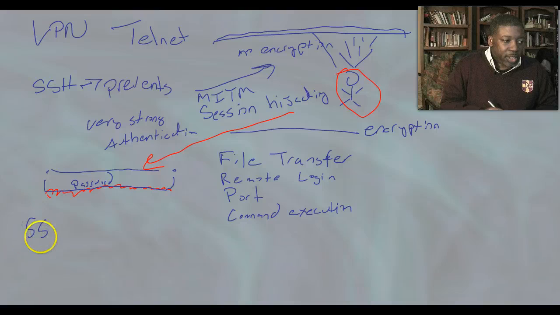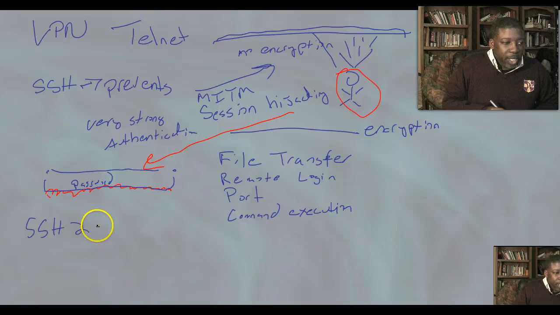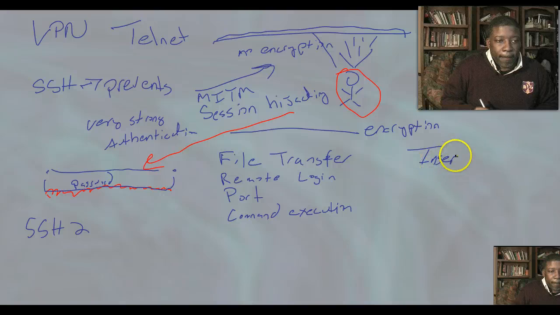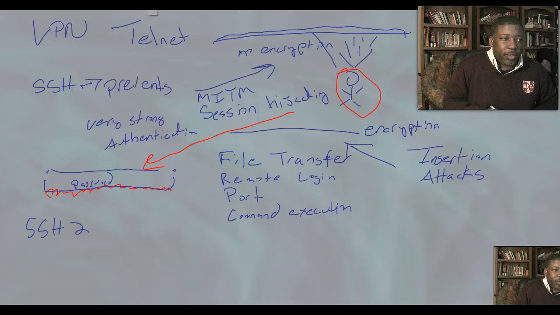So what about SSH2? Real important. Why do we need SSH2? SSH2 is important because SSH wasn't totally flawless. There's this thing called an insertion attack. I'm not going to talk about all the attacks now, but it's susceptible to insertion attacks. I like to put the bad guys in red, so I'll circle it in red.